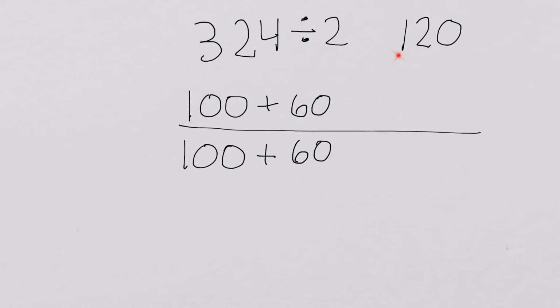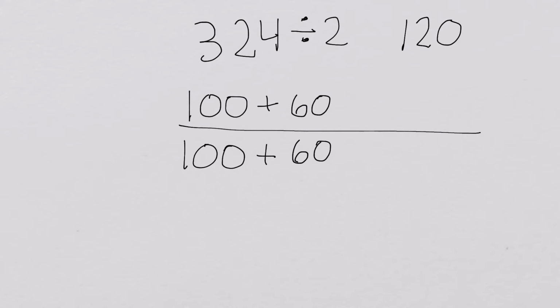And we end up with 120. And then we could have gone 10, 10, 10, 10, 20, 20, 30, 30, until we used up all of them. But it's easier to just say, well, I know that this is an even number, and since we're splitting it among 2 different groups, we're going to have 60 here and 60 there.